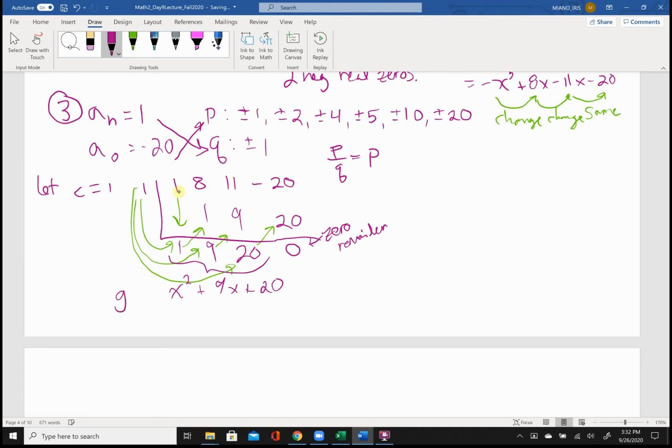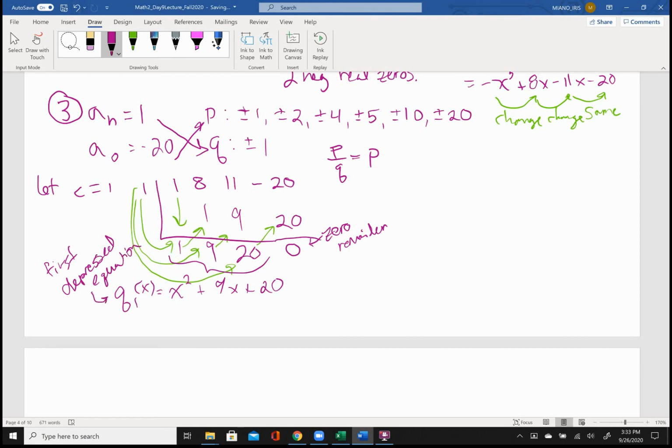We call it Q1 of x, designated as the first depressed equation. By depressed equation, we mean the resulting equation that you get from the synthetic division.